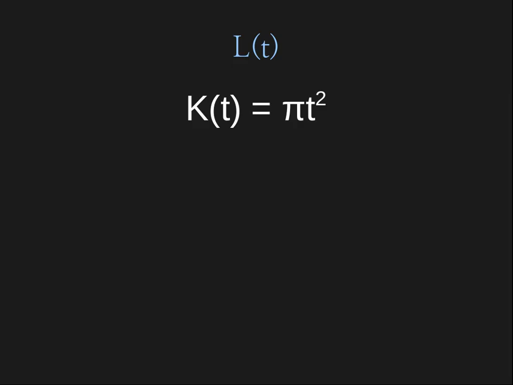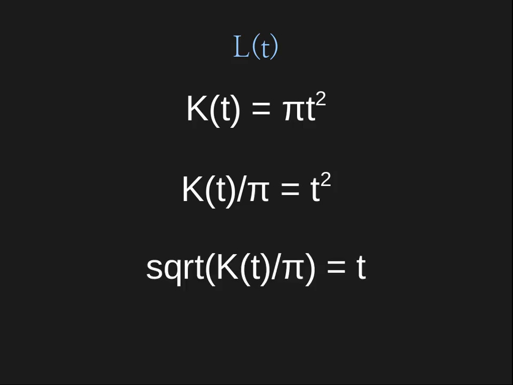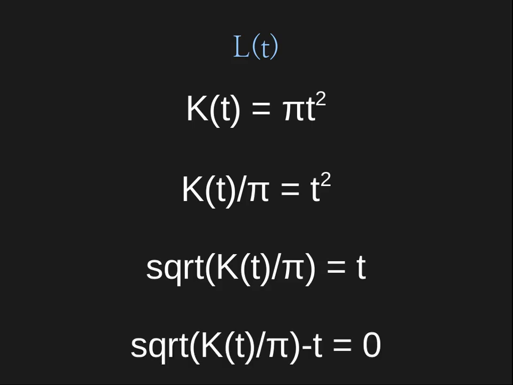Anyways, remember our simplified K(t) is just this. Which means we can modify this and try to solve it for 0. So take K(t) divided by pi, take the square root of it, then take all of that minus the distance t, and that equals 0.